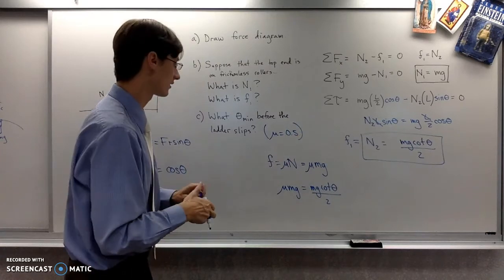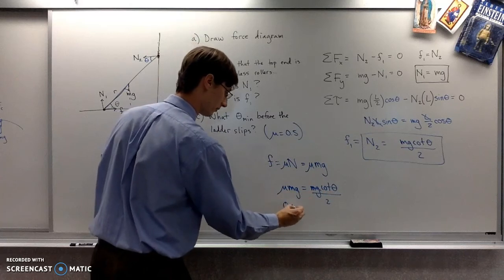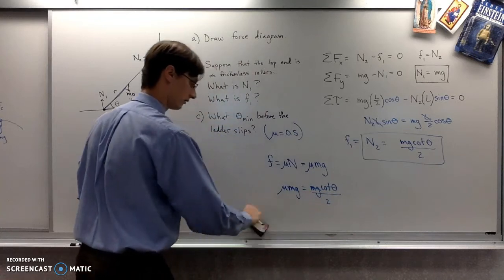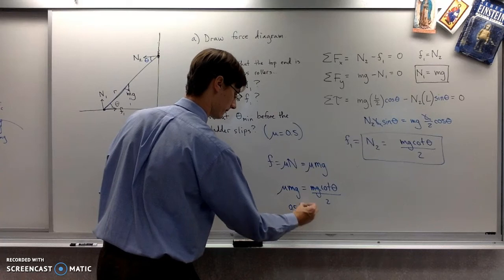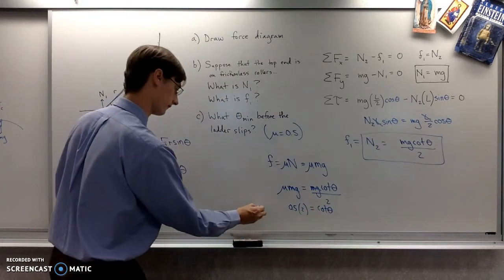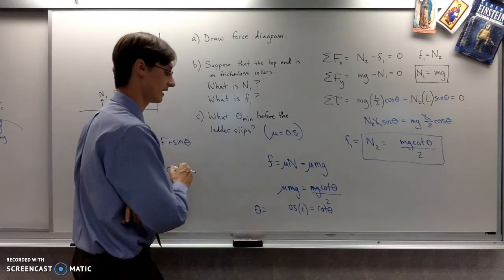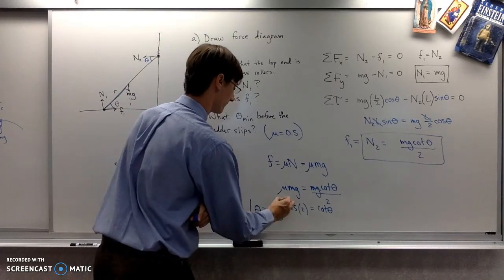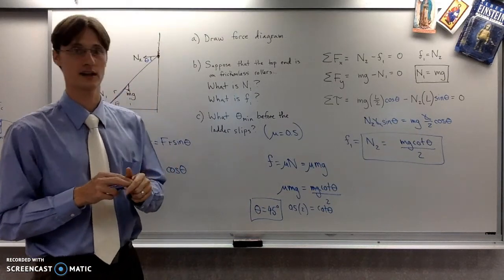So the angle at which it's going to slip: mg cancels, and mu is 0.5 equals cotan theta over 2. You do a little bit of trig, and what you end up with is exactly a 45-degree angle. I didn't even have to get a calculator for that.